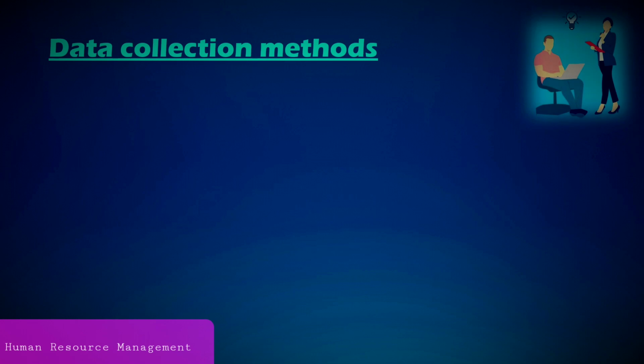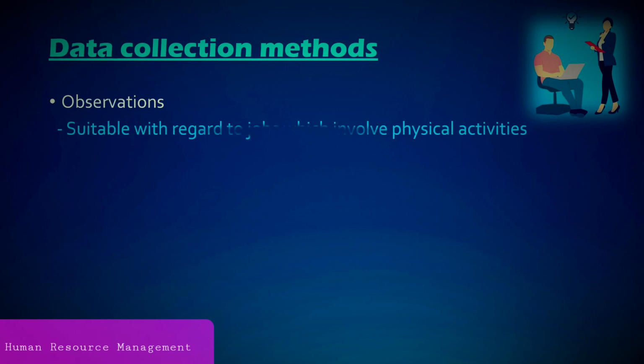In order to do a proper job analysis, relevant job data has to be collected. For this purpose, methods such as observations, interviews, questionnaires, and participation can be followed. The method of observation is suitable with regard to jobs which involve physical activities rather than mental activities.